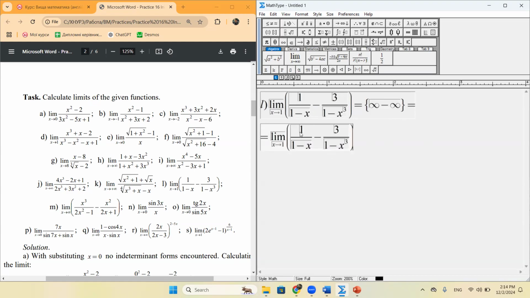to transform this expression to the fraction with the common denominator. So what we will do, x in power of 2, oh no, plus x and plus 1.